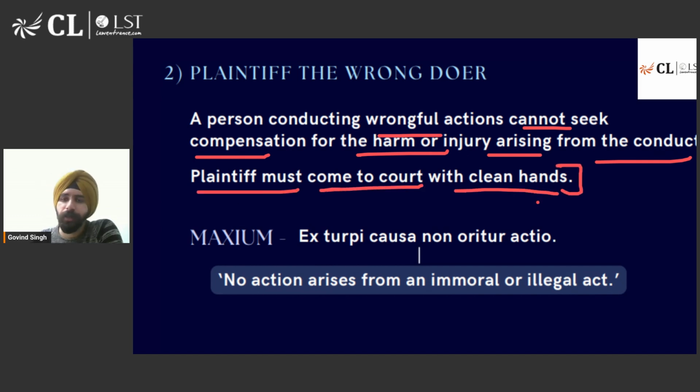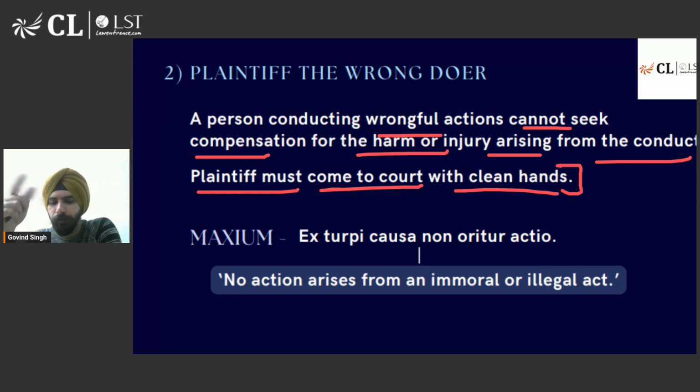Now, remember, I gave you the example that if a person is, let's say, driving on the wrong side of a one-way road, and from the opposite side, from the right direction, a person comes who's drunk, and he hits the car of the first person who's driving on the wrong side. Can the person whose car was hit bring a claim of tort against the drunk driver?